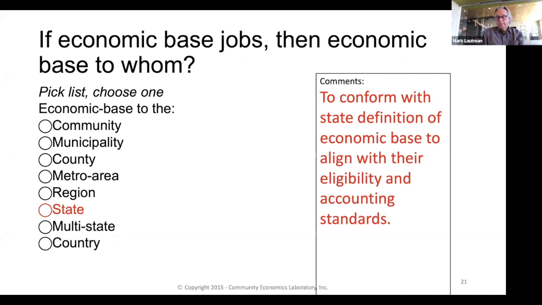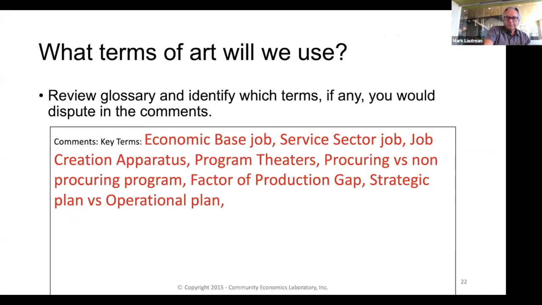Casinos, the native tribal gaming operations, are economic based for the tribe, but they're not necessarily economic based for the state until people are flying in to go gamble there. So this is an important one to pick because you want the definition for economic base in all your calculations to survive moving up to a state program. So that's where the integration question comes in.